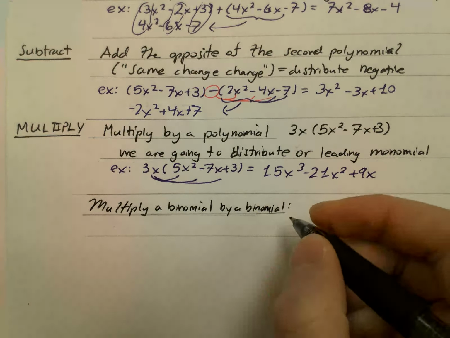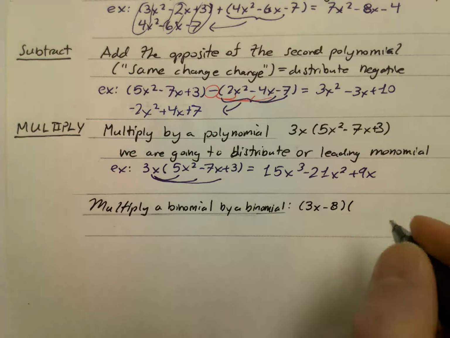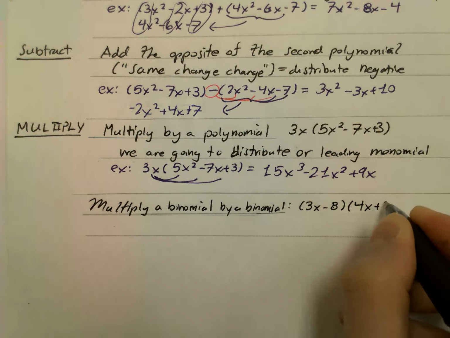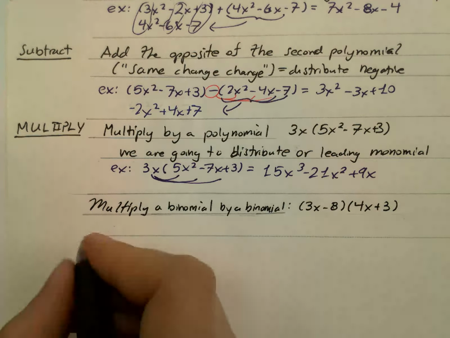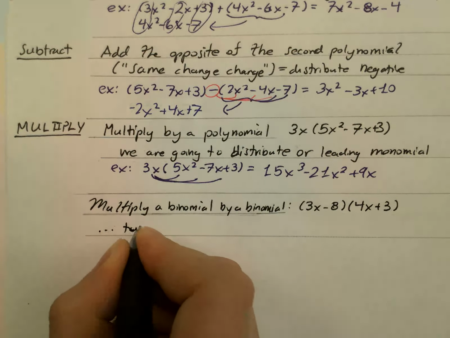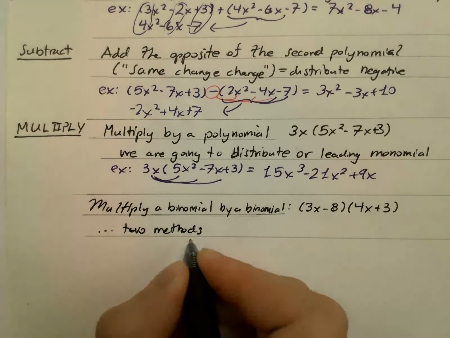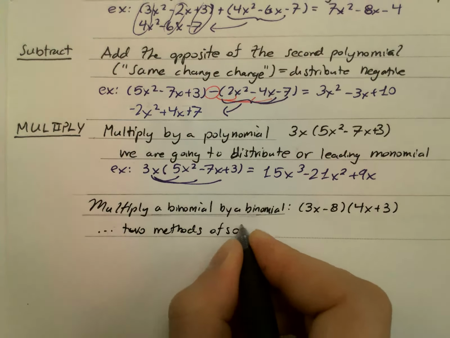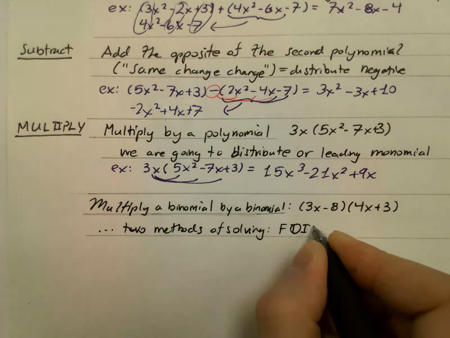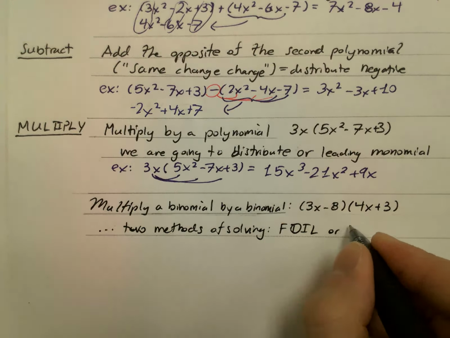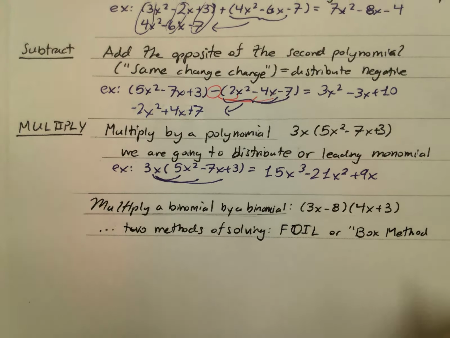So we've got 3x minus 8 times 4x plus 3. Okay? So you have two methods of solving. You have FOIL, I spelled FOIL wrong, or the box method.